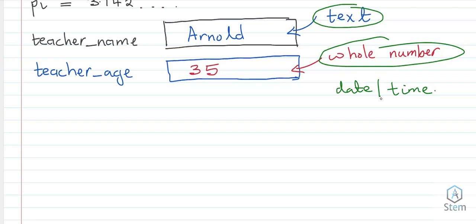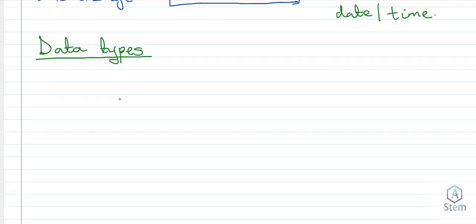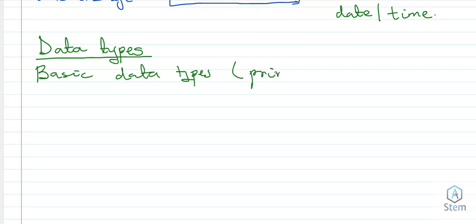So let's look at the idea of data types in more detail. The data types which we are going to look at here are what we call the basic data types. In some programming circles, this will be referred to as the primitive data types.